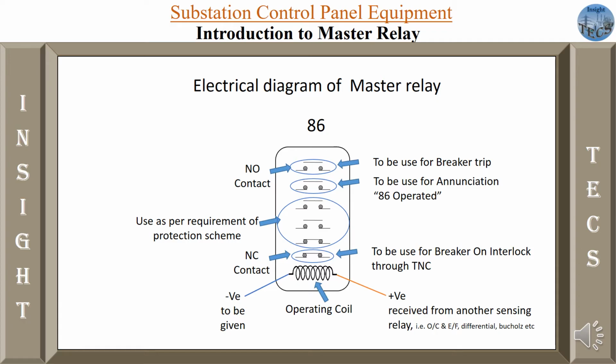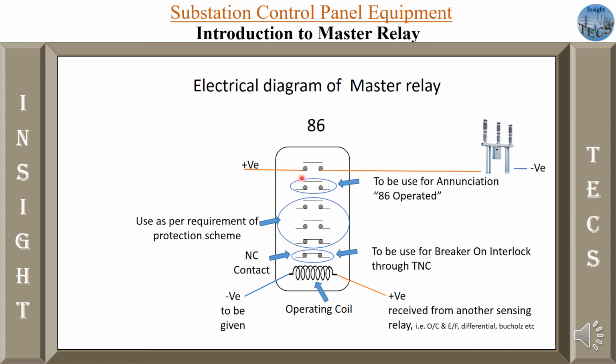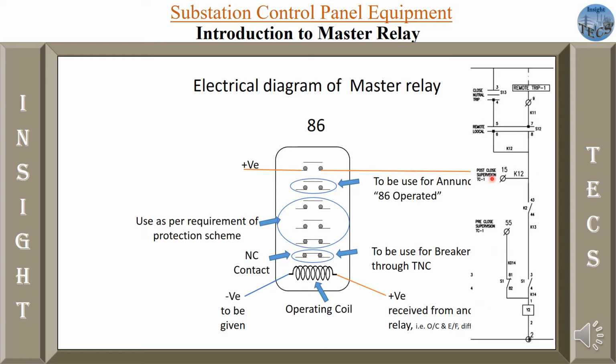Now let us understand in detail how the wiring is done for each one of the systems. For the NO contact, positive is given to one end of this contact and negative is to be extended to the circuit breaker. So how can that be done?